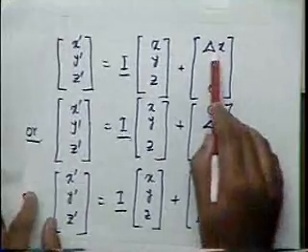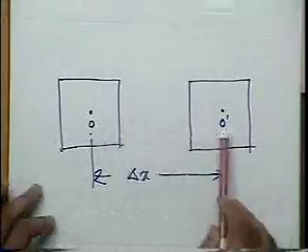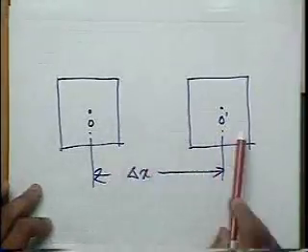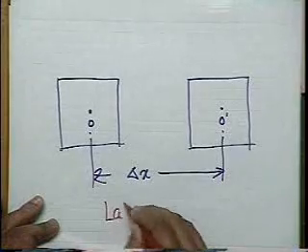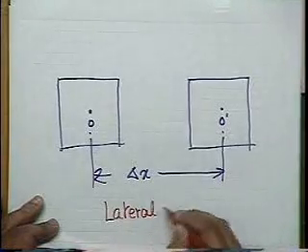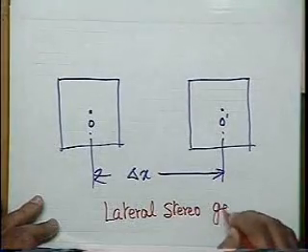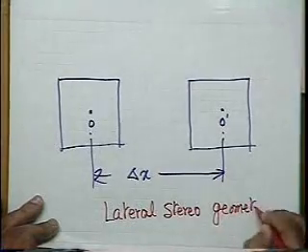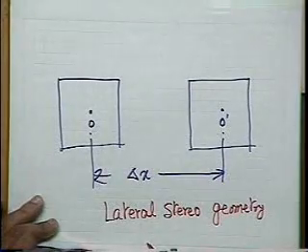Now the first one and the second one, where we had considered the same plane but the cameras are just laterally displaced, this kind of stereo camera model is called lateral stereo geometry. Lateral means the two cameras are just laterally shifted.